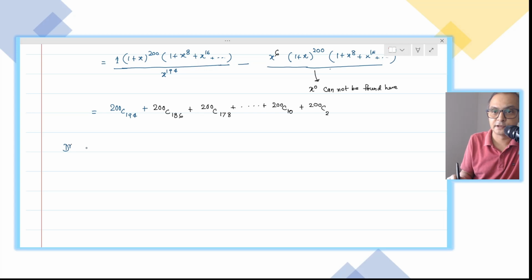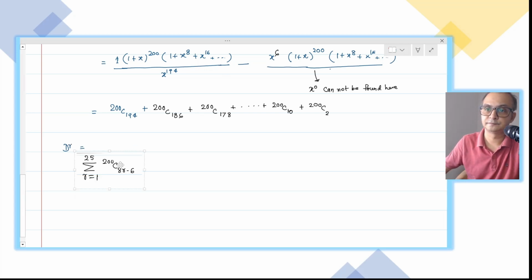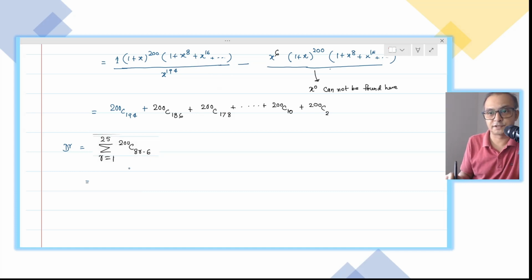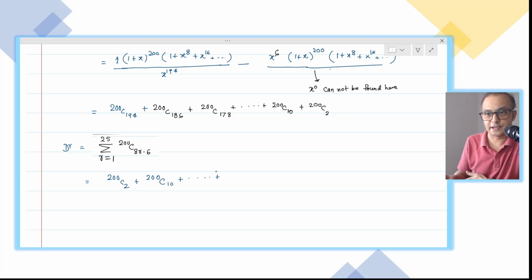The denominator I have is this thing, and if I expand this thing, the first term we get is 200c2. The second term I get is 200c10, and so on.